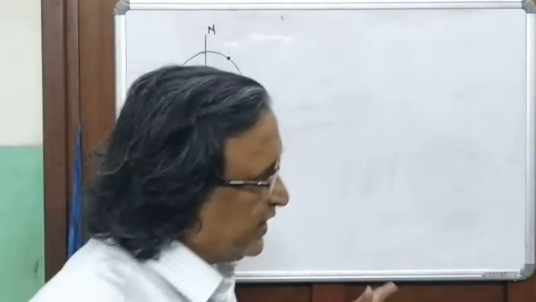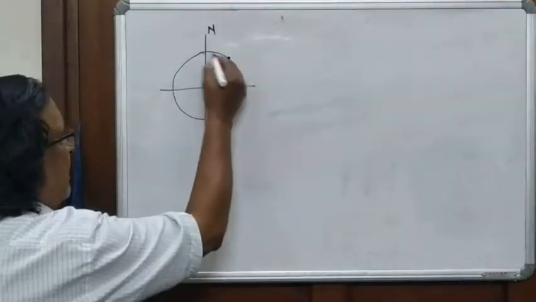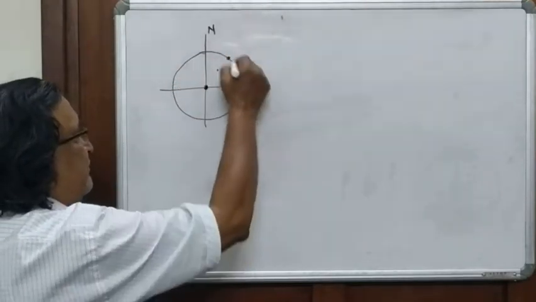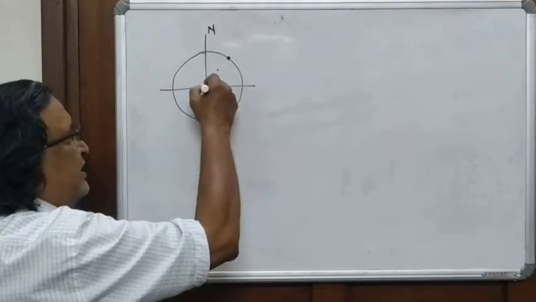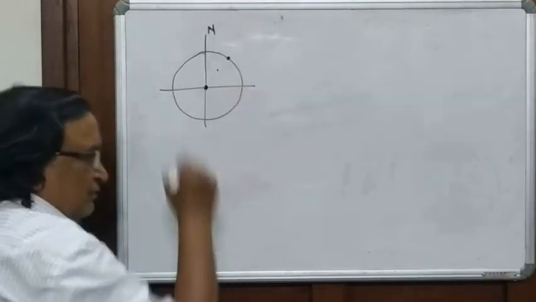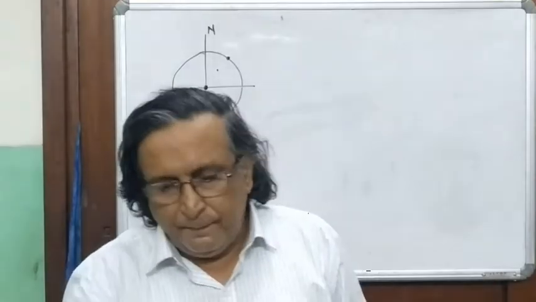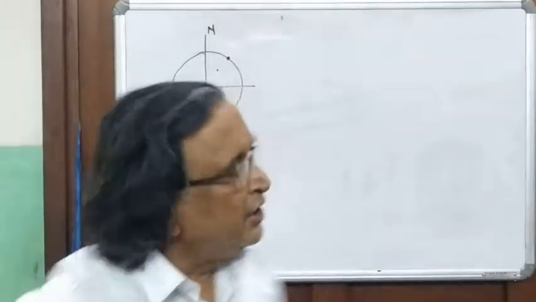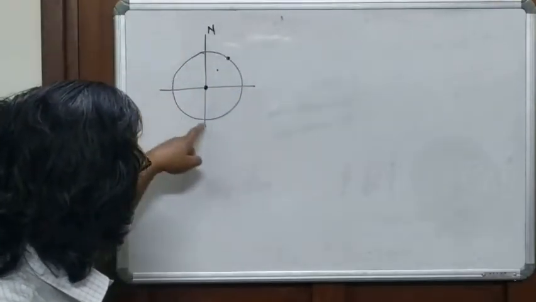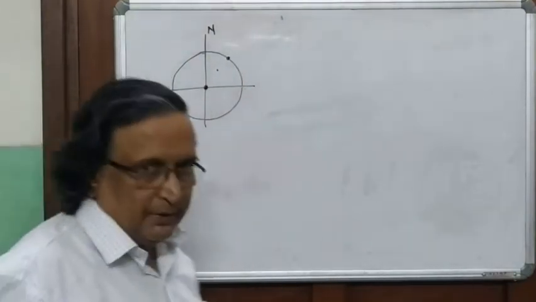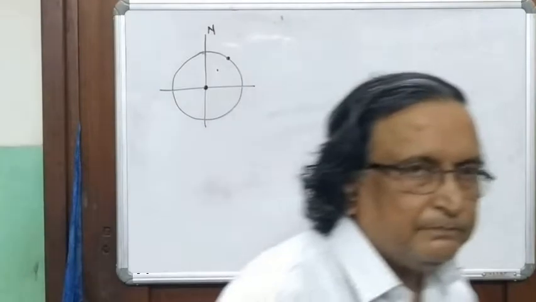For example, if this is the horizontal plane, then the pole to it is this one. Obviously vertical. If you have a horizontal plane, the pole to it should be vertical. So this is the normal to the plane, or pole to the plane.